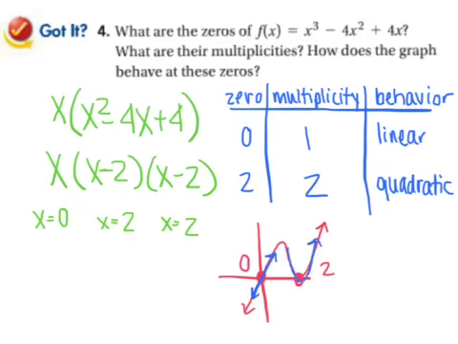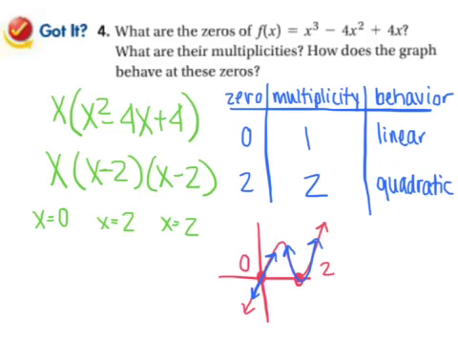At 2, it is acting as a quadratic. And that's all there is to multiplicity.